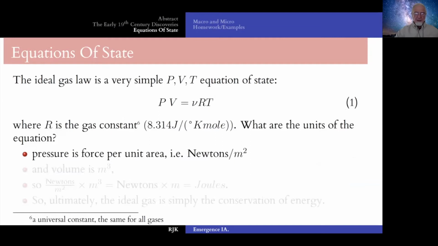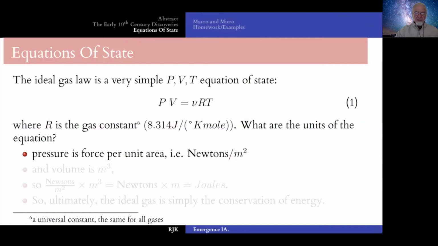If you have the 3 state variables, then the equation of state simply says that the pressure times the volume is equal to nu R T, where nu is the molar number of gas there is, R is the gas constant, which is a universal constant, and T is the temperature in degrees Kelvin.